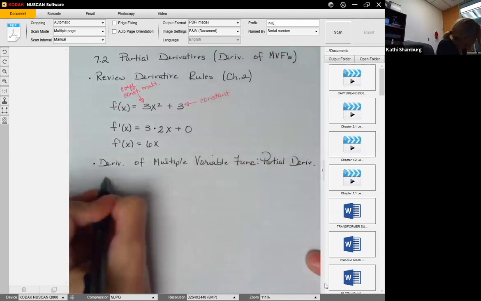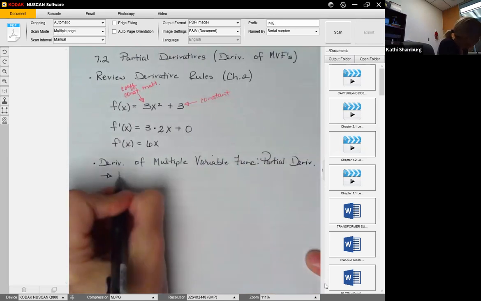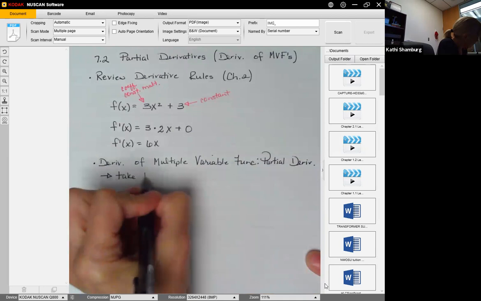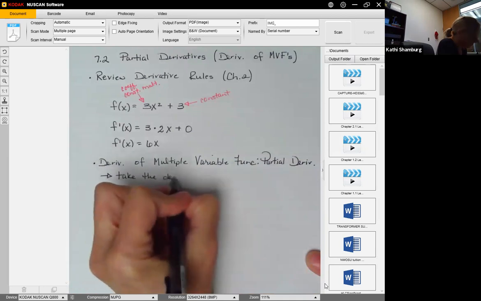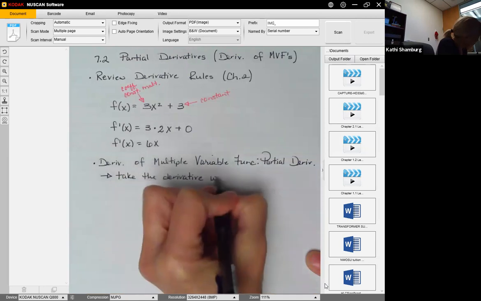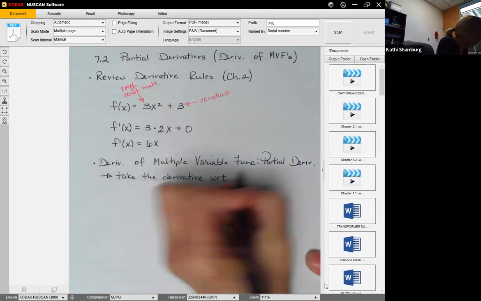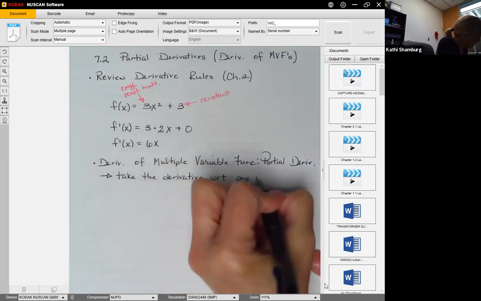All right, so the first thing that you're going to do is take the derivative, WRT, that means with respect to one variable.